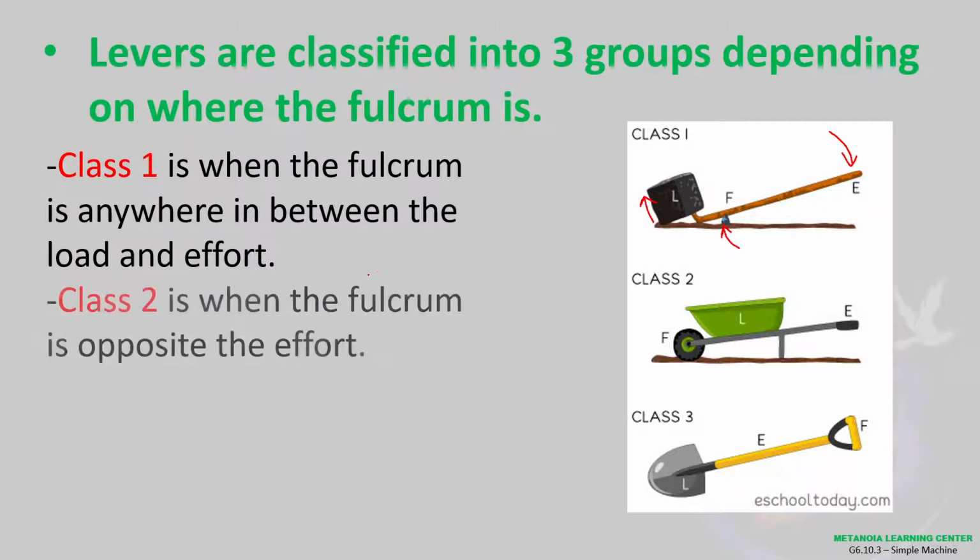Okay? Sa class 2 naman is when the fulcrum is opposite the effort. So basically the turning point again, which means if you're going to apply a certain force going this way, the effort, yung bar na yan turns at this point. Okay, this bar over here turns at this point.